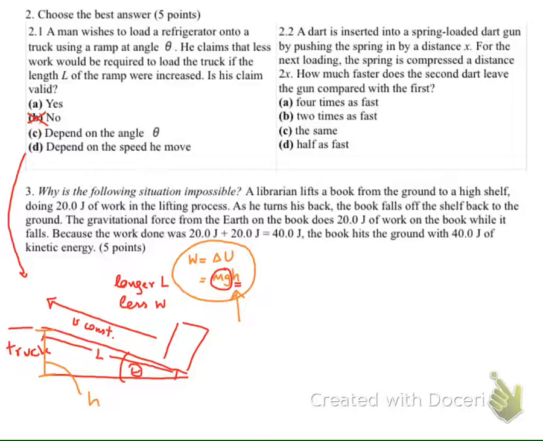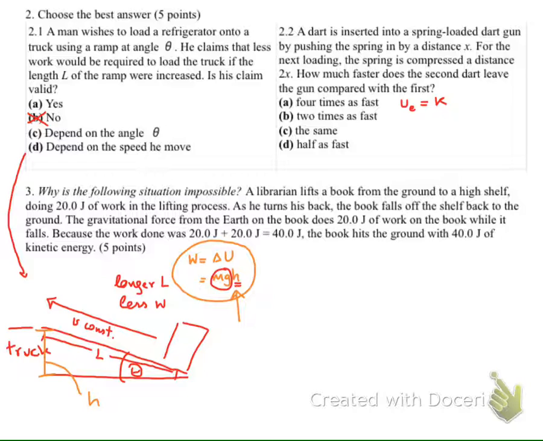You can solve this using the conservation of energy. We have that the elastic potential energy when you compress the spring is equal to the kinetic energy when the dart leaves the gun.